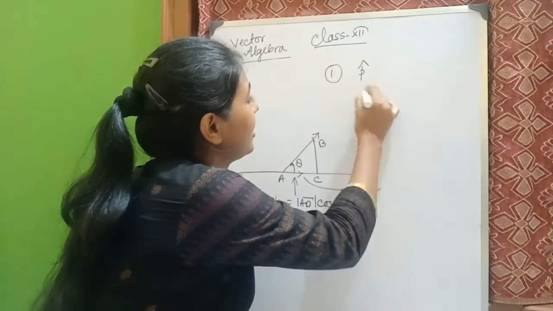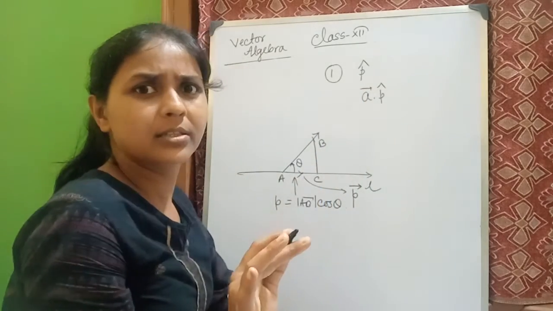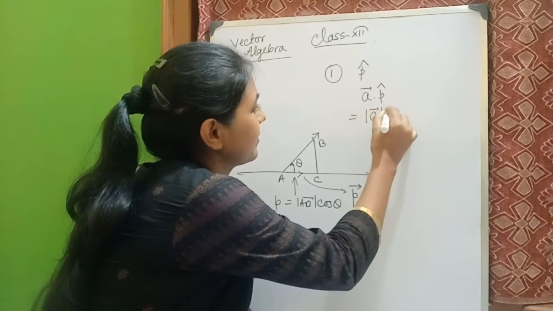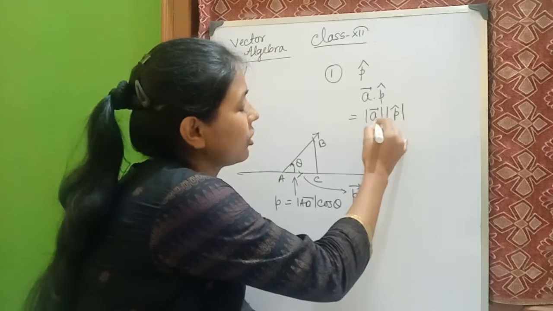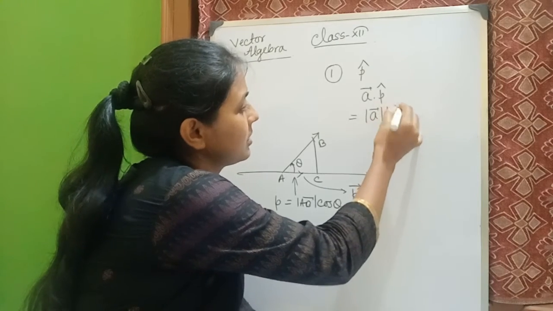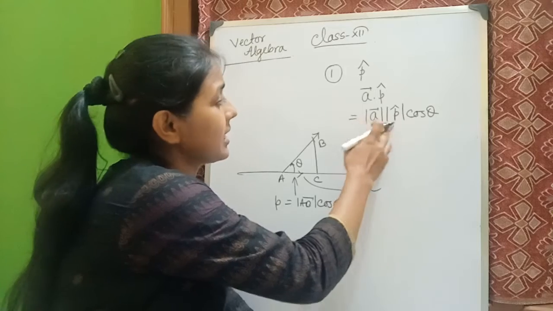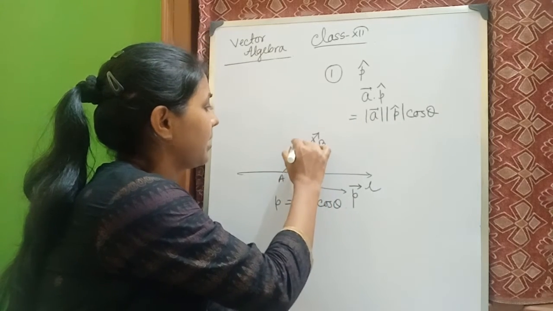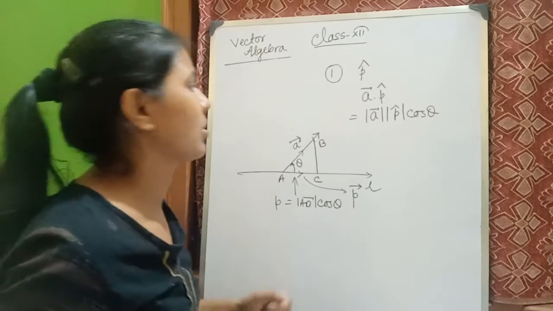So A dot P cap, by the normal definition of the dot product, will be mod A into mod P cap cos theta, because theta is the angle between the unit vector and that vector. I'm giving this the name A vector, I'm not writing AB vector always.